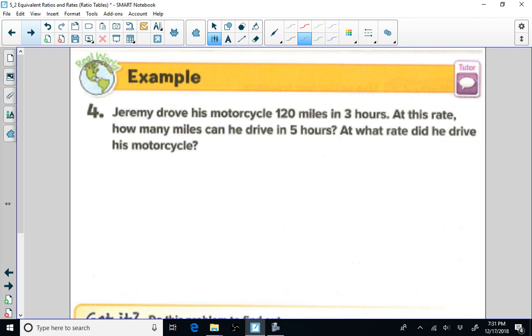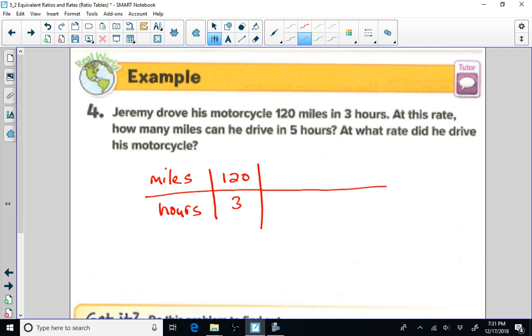Here's another example. Jeremy drove 120 miles in 3 hours. At this rate, how many miles can he drive in 5 hours? Well, we can use a double number line. We can use a ratio table. I'm going to use a ratio table here. So we have miles. Then we have hours. And we have 120 miles in 3 hours.